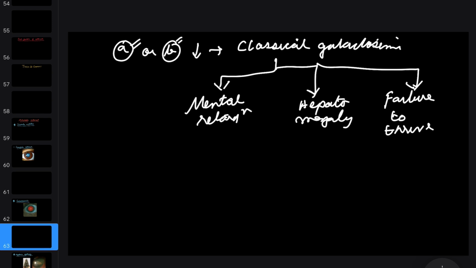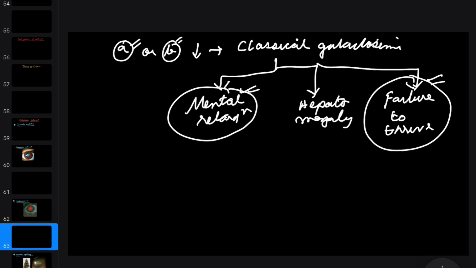Anyways, so you will get these classical pediatric terms like mental retardation or failure to thrive. Failure to thrive is a classical pediatric term. It means that the baby is unable to live properly, grow properly. There is a host of problems within the baby. Mental retardation, pretty self-explanatory. Hepatomegaly, the liver enlarges, as well as the cataract that we see in classical galactosemia or even just galactosemia. What is just galactosemia?